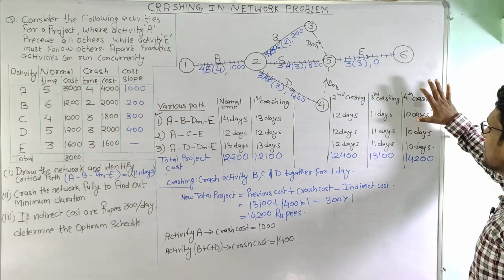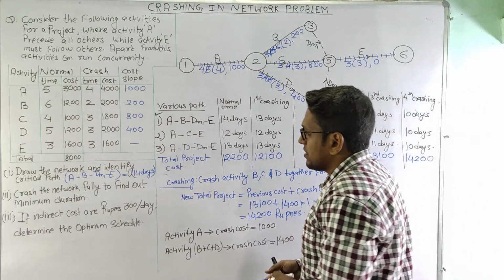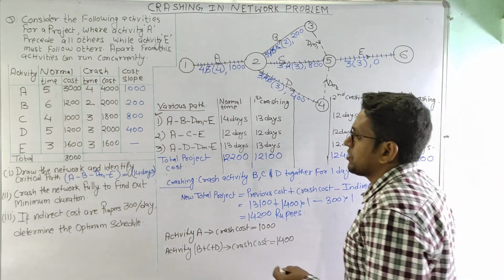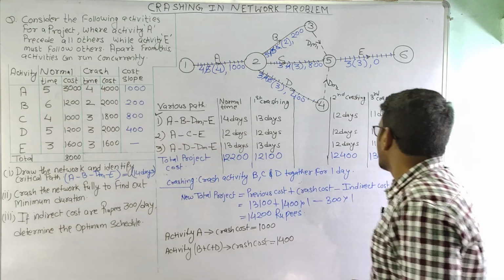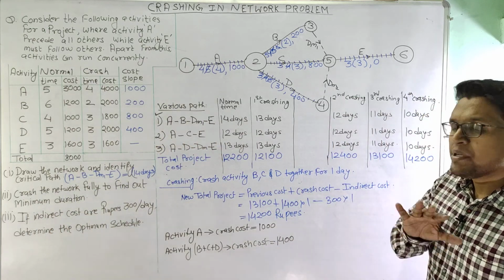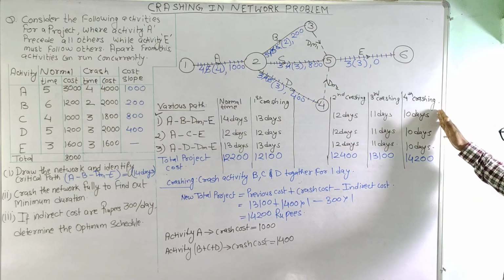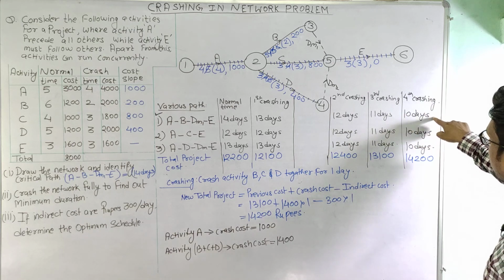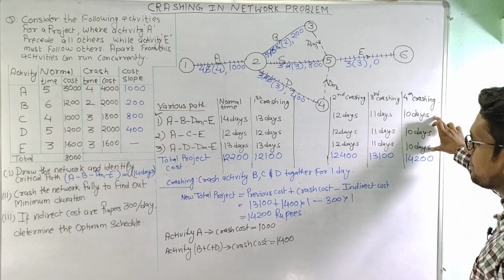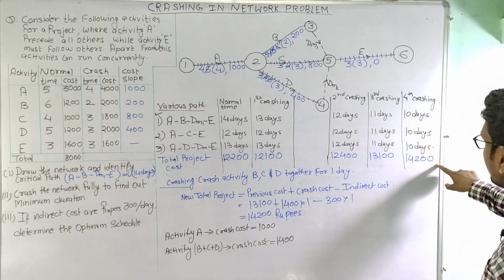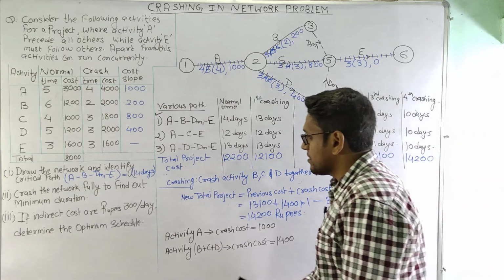That's why we will stop the crashing here, and we will see the minimum duration, because it has been asked to crash the network fully to find out the minimum duration. So we find that after 4 crashings the minimum duration to complete this project is 10 days, and the corresponding cost is 14,200 rupees.